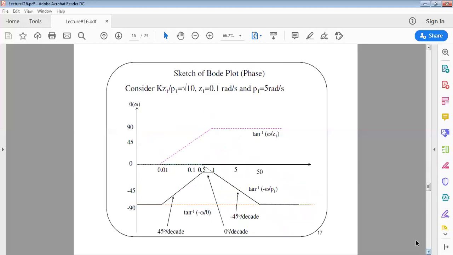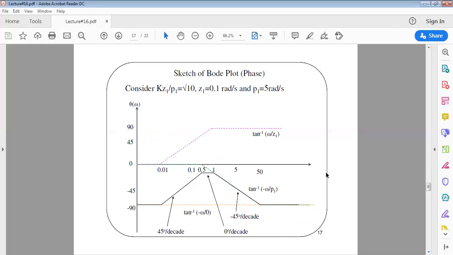So let's have a look at the phase plot. For the phase plot, we have the 4 individual plots from just now. For a constant, we know that the plot will be 0 degrees.